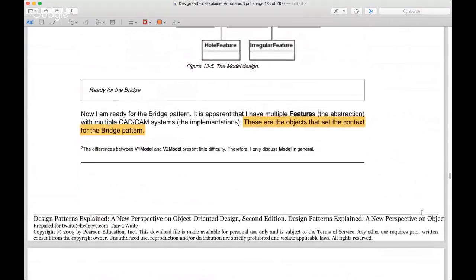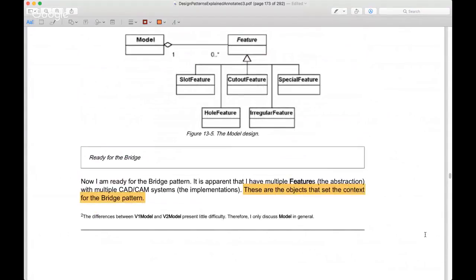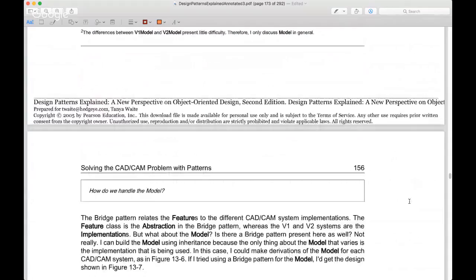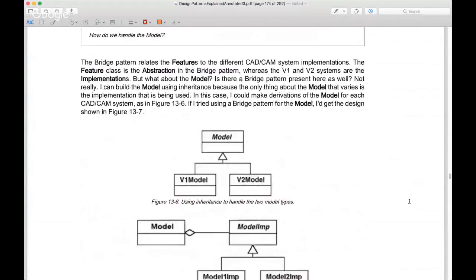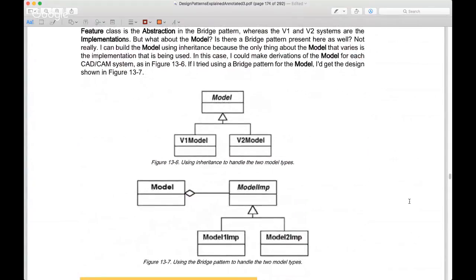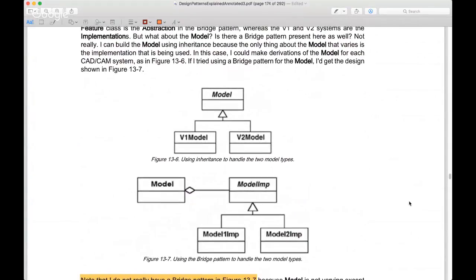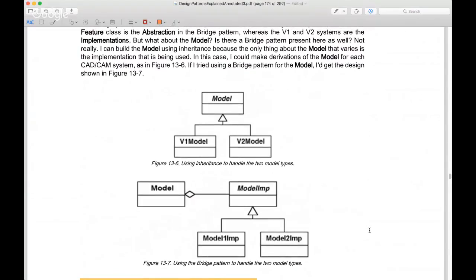And now he's ready for the bridge pattern because he's got these abstract features that have multiple implementations. He's got the abstract, and then he's got the implementations that are required by the different machine systems.